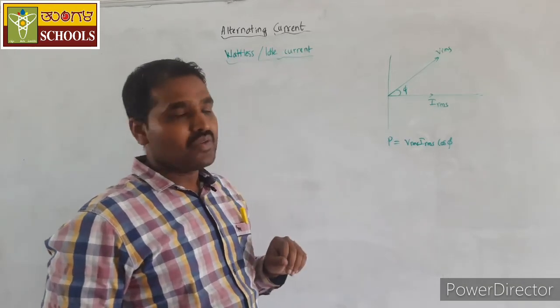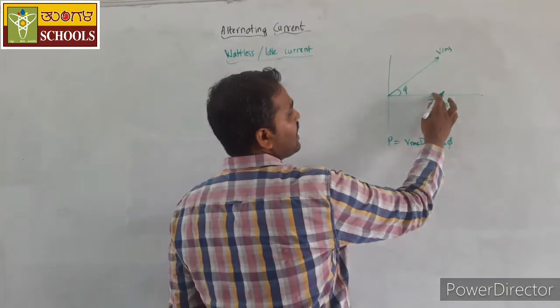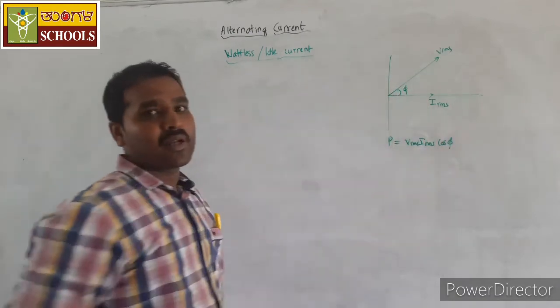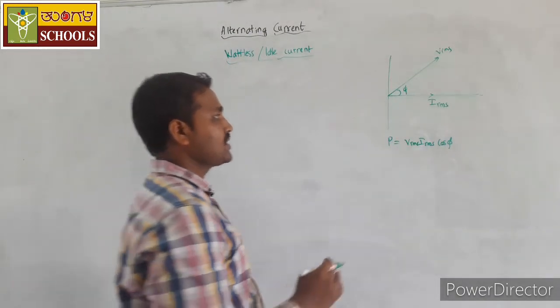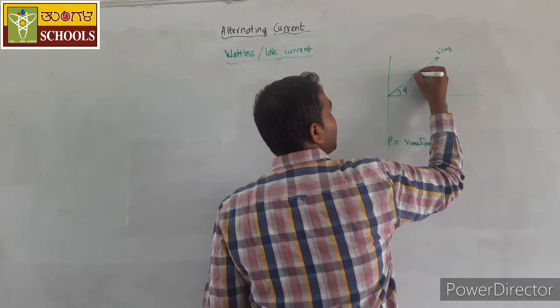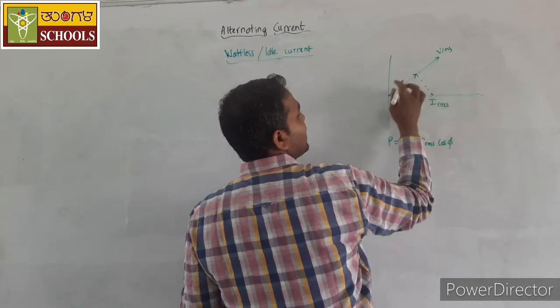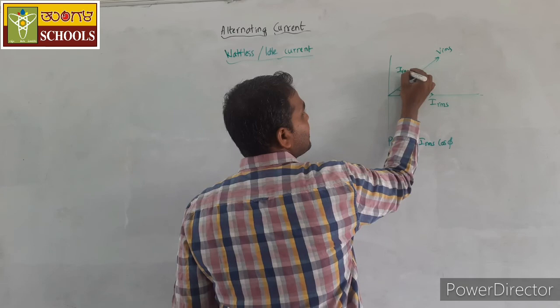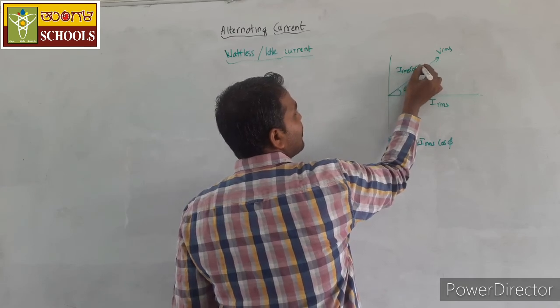Now let us resolve this IRMS along the direction of VRMS and in the perpendicular direction of VRMS. Let me project it on VRMS here. So this component will be the adjacent component, which I can write as IRMS cos phi.